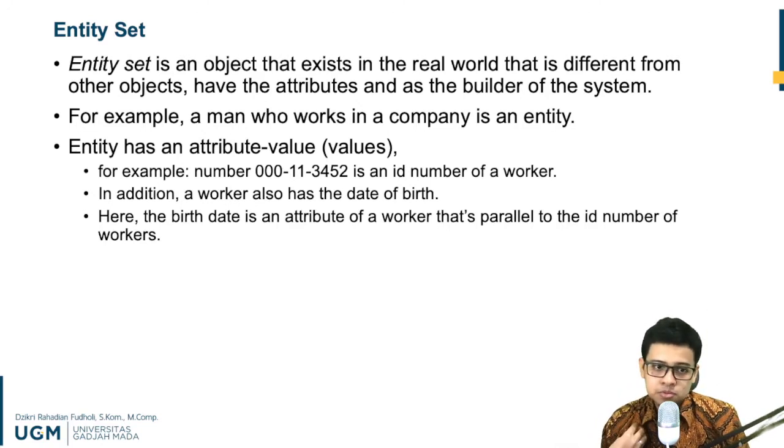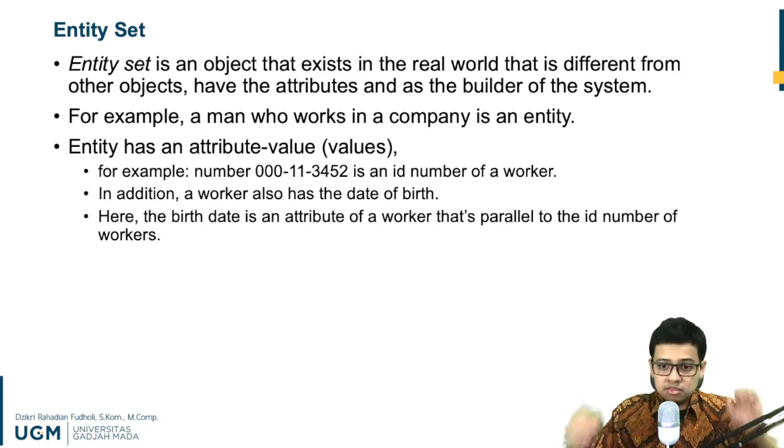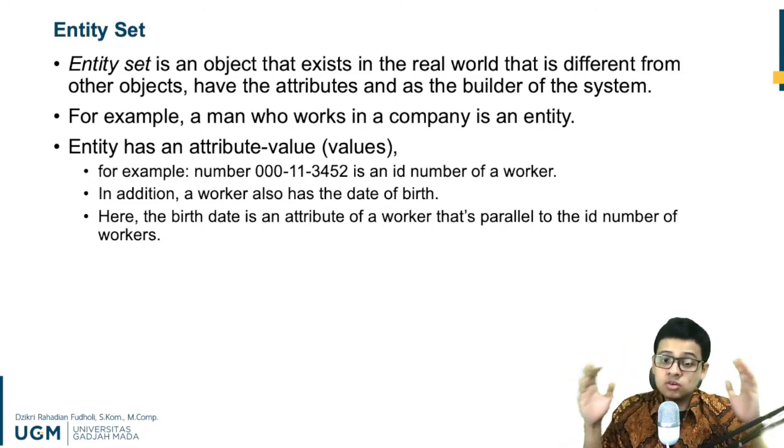That's my attribute. And in addition, a worker also has the date of birth, maybe place of birth, and things like that. Here, the birth date is an attribute of a worker that's parallel to the ID number of the worker. So each entity may have more than one attribute, and they are parallel and not connected.